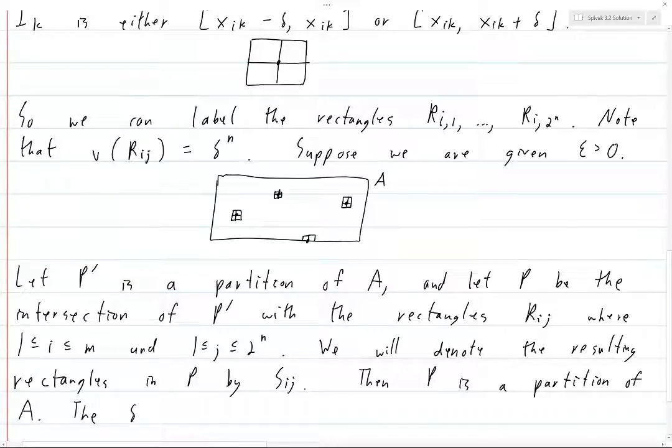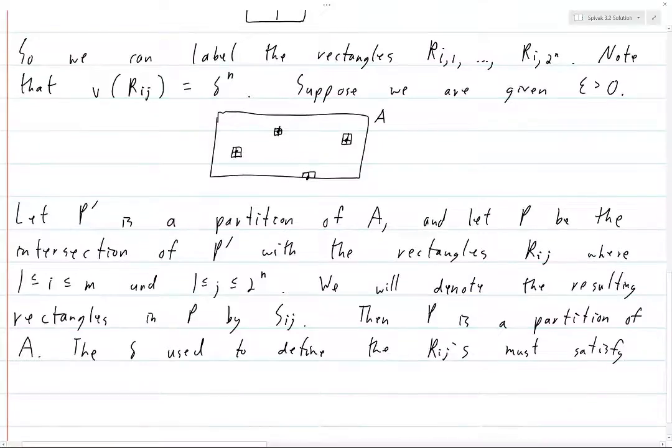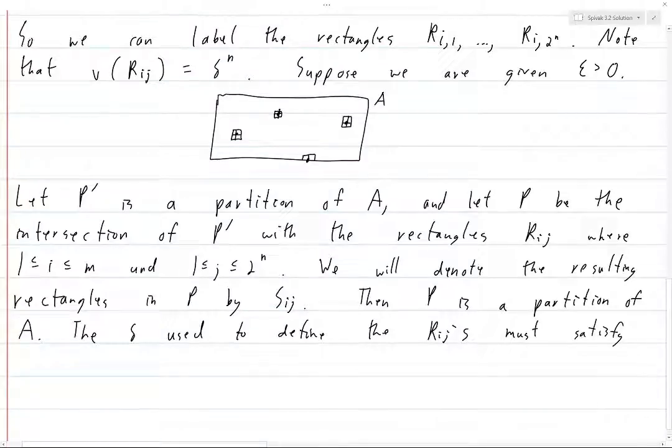The delta used to define the Rij's must satisfy an inequality. So delta will be greater than 0. It needs to satisfy delta is less than. Okay.